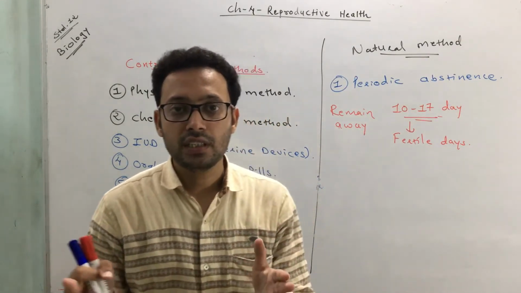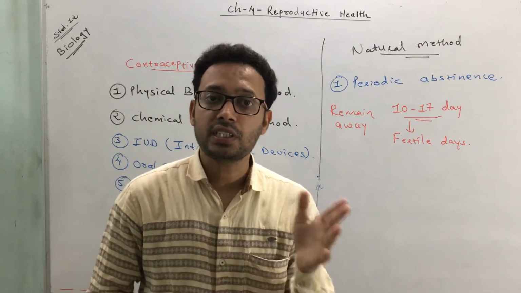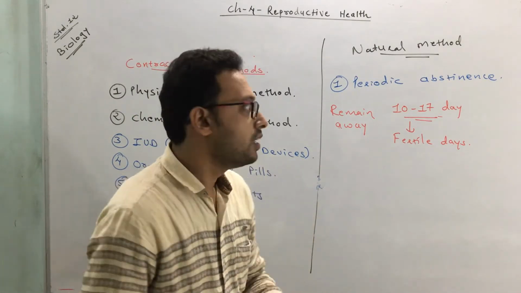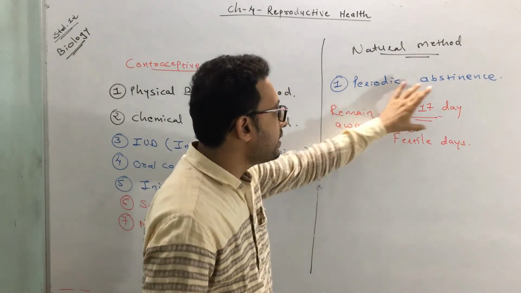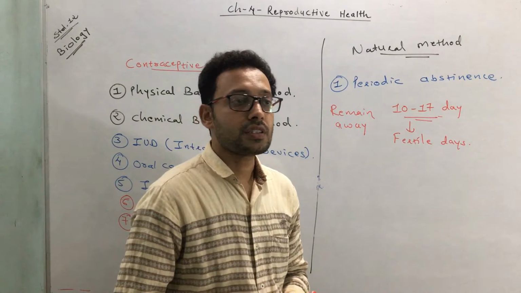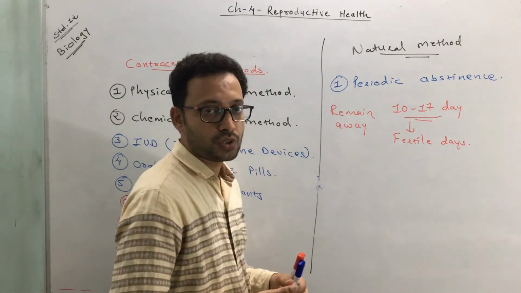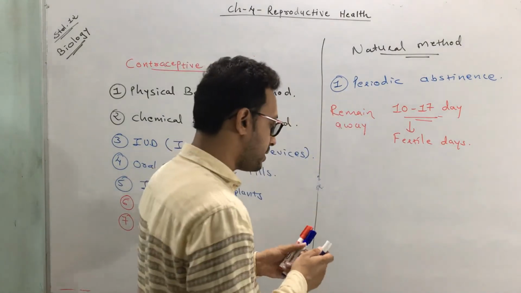They are called fertile days, during which the chances of conception or pregnancy are very high. So in this method, during this period, a couple remains away from coitus, or you can say sexual intercourse. This is called periodic abstinence.